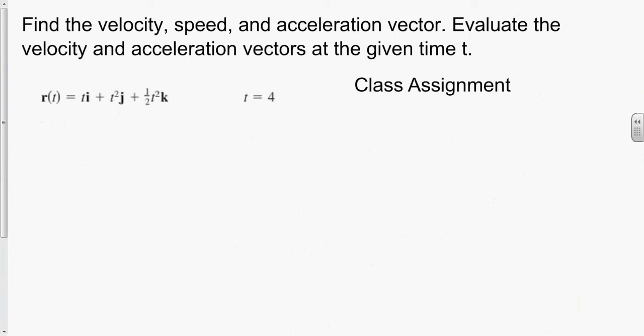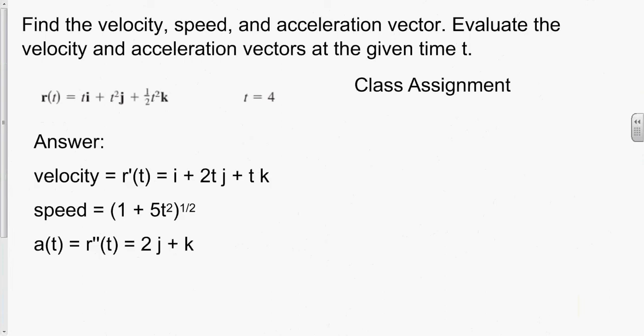Well, let's see. How does that look? So for the velocity, I didn't find them at t equal to 4, but for the velocity, I get i plus, that would be 8j, right?